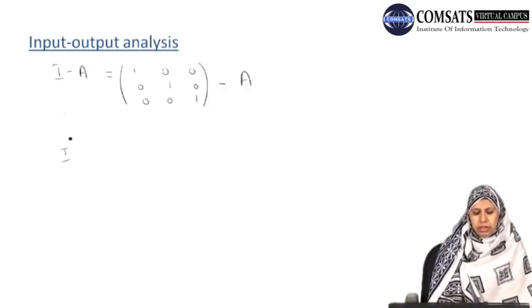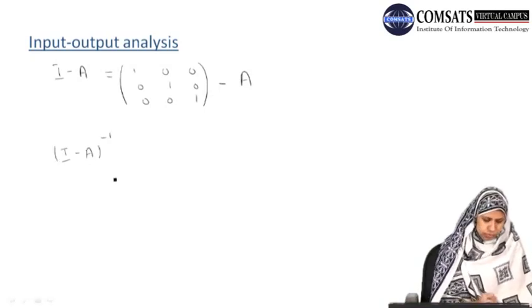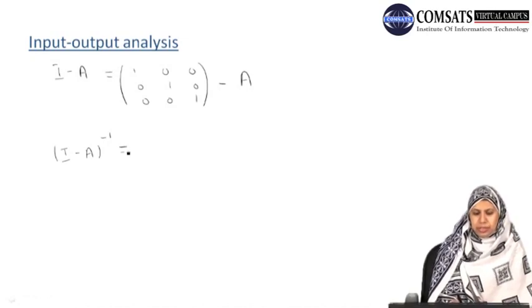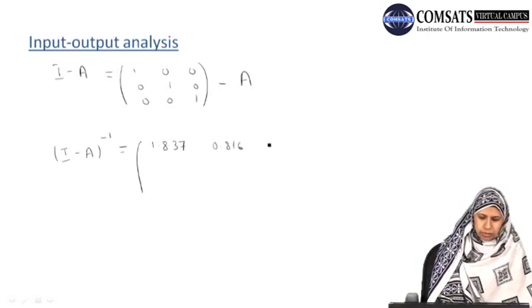By taking the inverse, which you can solve easily, check that the answer written here is correct or not. We obtain the inverse of our matrix I minus A as 1.837, 0.816, 1.02 in the first row.